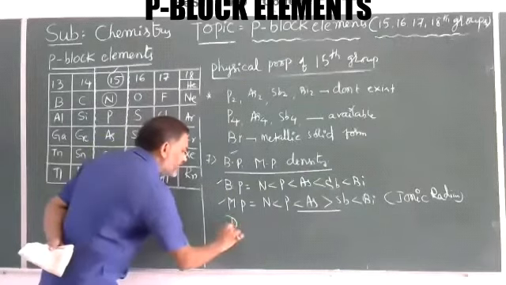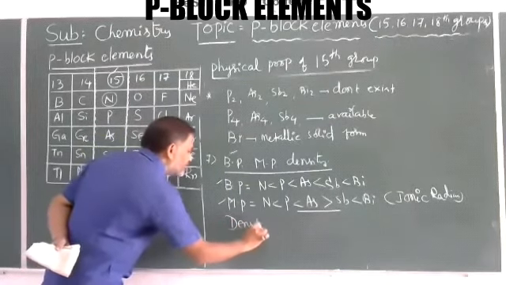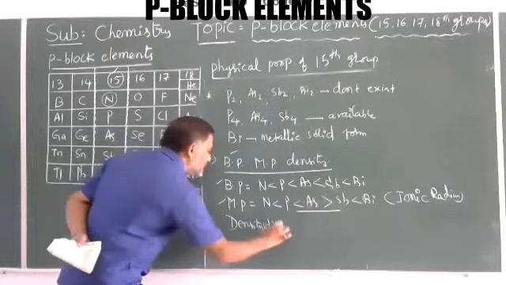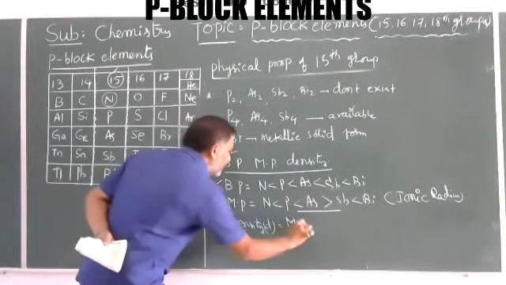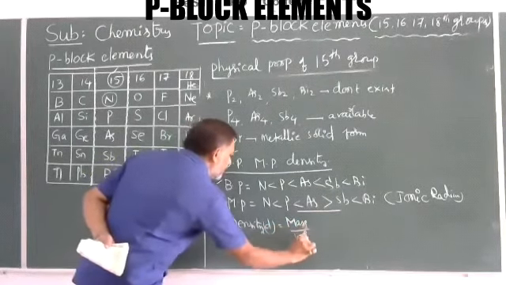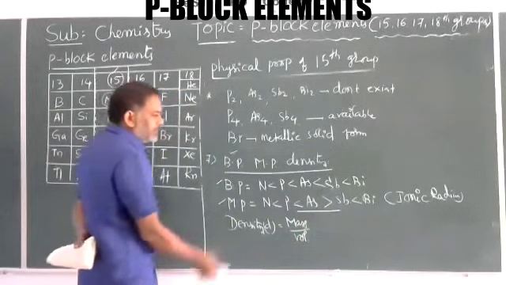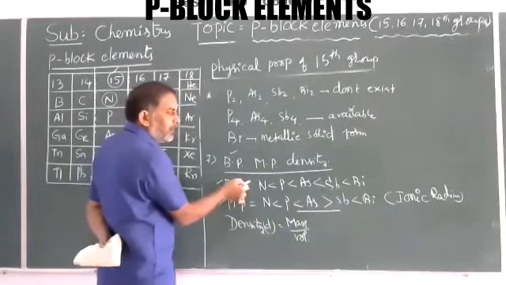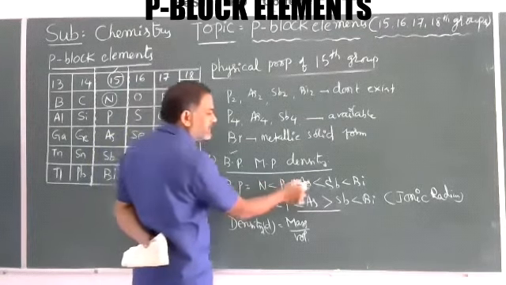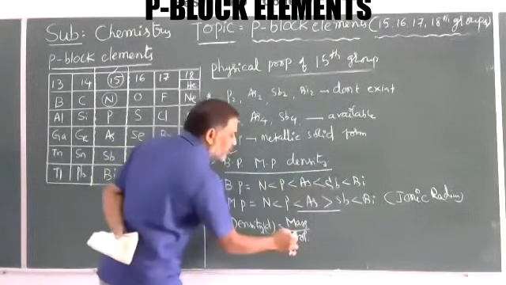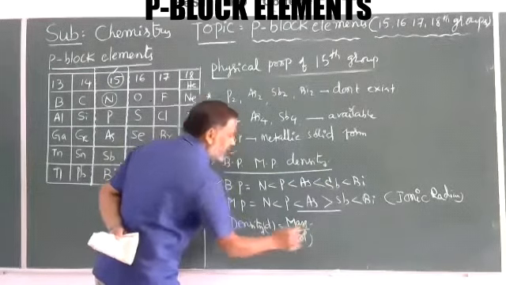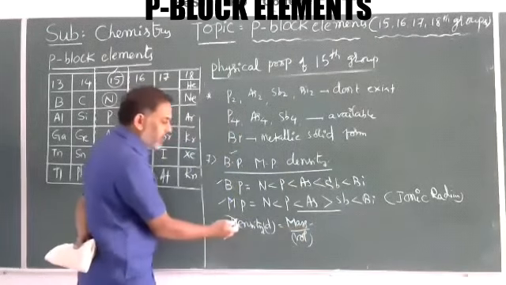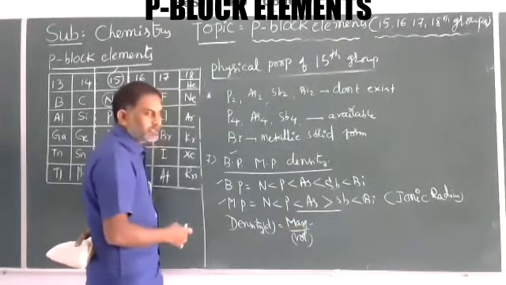Now the density, which is mass by volume. In the 15th group, from top to bottom the atomic number increases, size and volume increase, and mass also increases, so density increases proportionately.